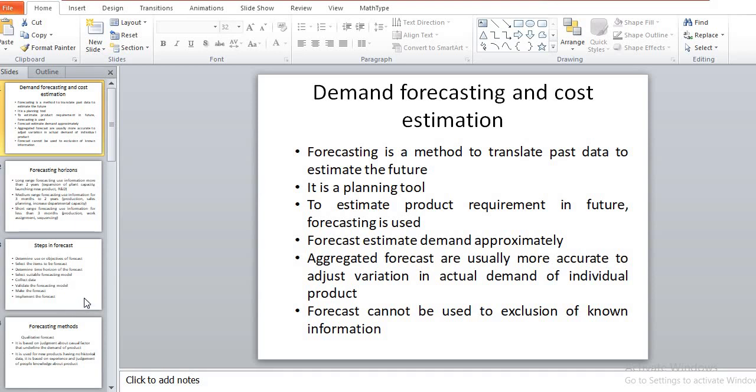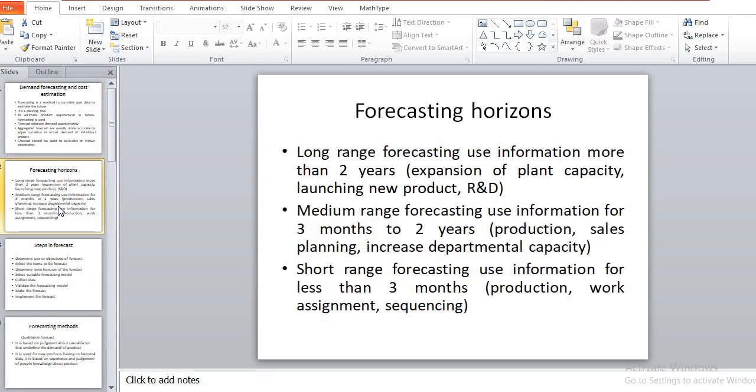As per our requirement, we categorize forecasting into three types: long range forecasting, medium range forecasting, or short range forecasting, according to the goals: long term goal, medium term goal, or short term goal.